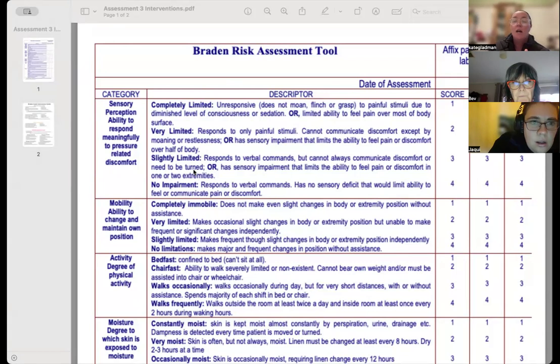To relieve the pressure, we do pressure area care, so rolling the patient from side to side, propping some pillows underneath to basically take the pressure off their sacrum, which is their backside really. So I would say slightly limited.